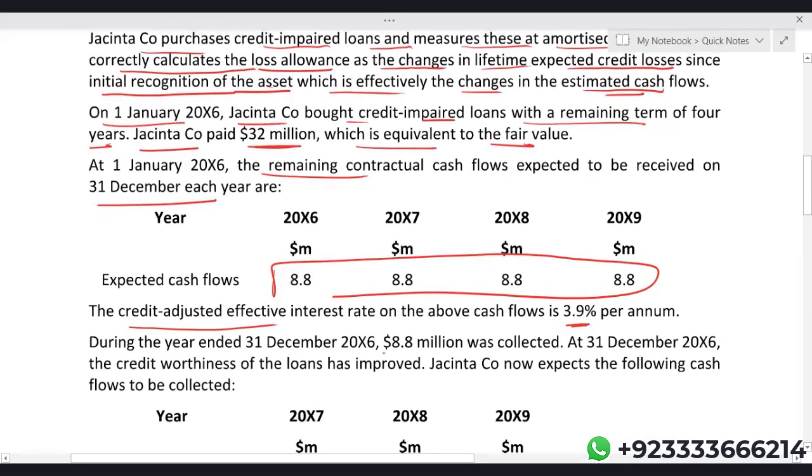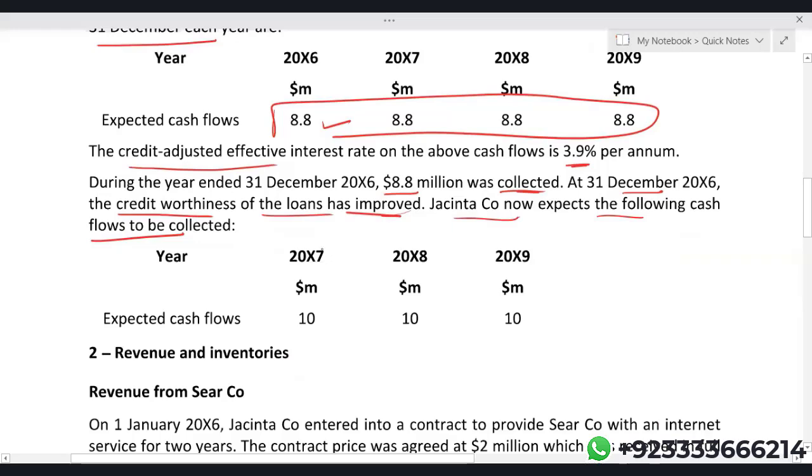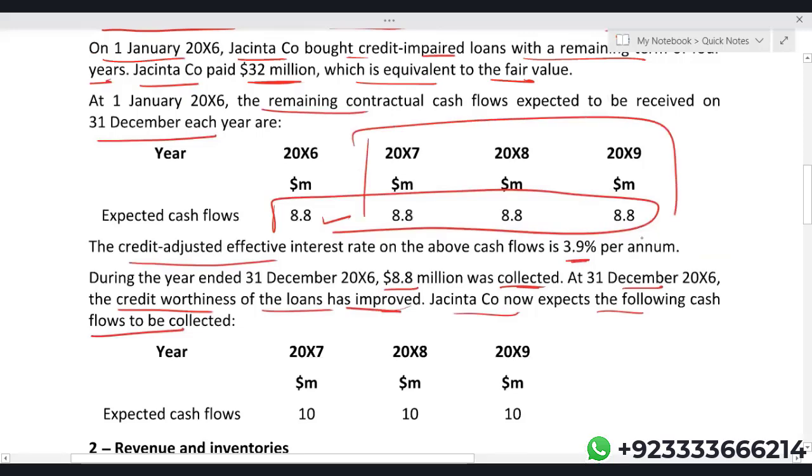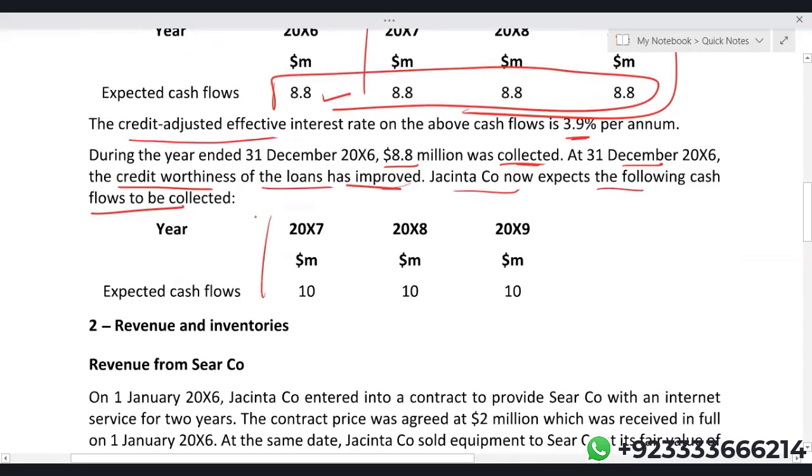During the year ended December X6, 8.8 million was collected, and at December X6 the creditworthiness of the loans has improved. Jacinta Company now expects the following cash flows to be collected. Now, instead of getting 8.8 million every year, in the remaining 3 years they are expecting to get 10 million each year.